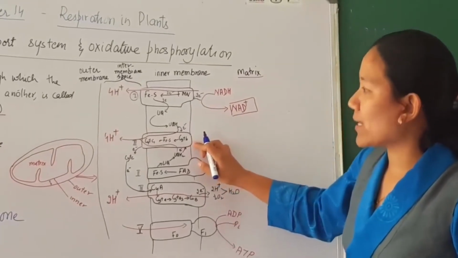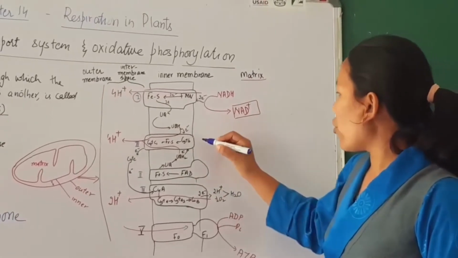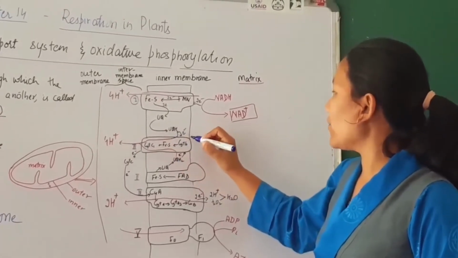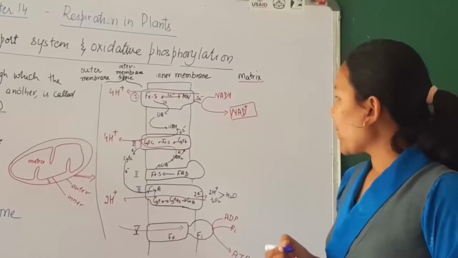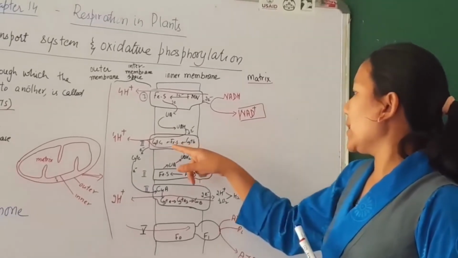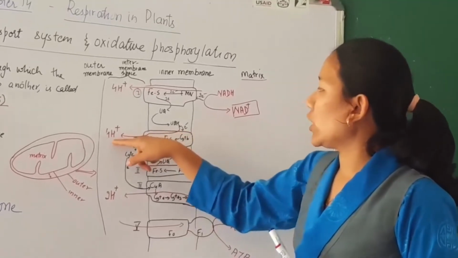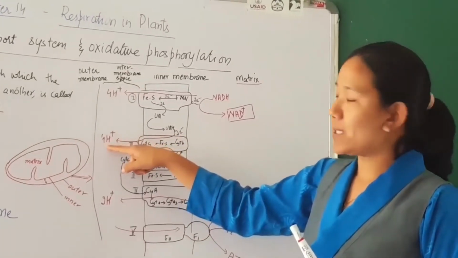Complex number 3 is the cytochrome BC1 complex, and it receives the electron, and at the same time it pumps the proton into the intermembrane space.